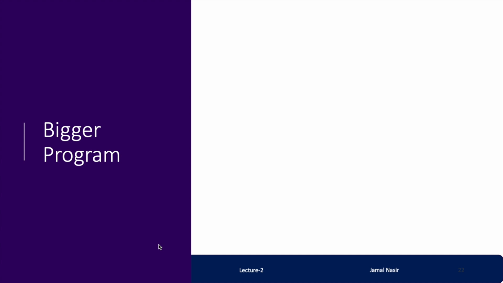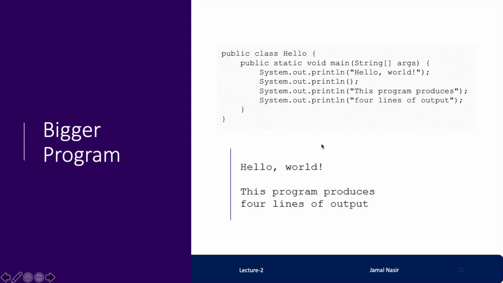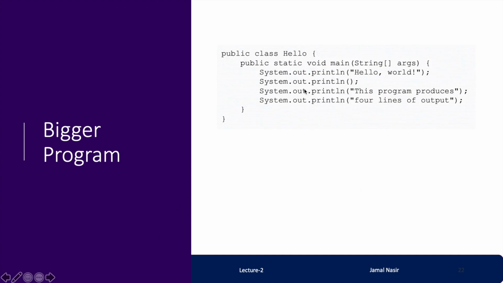We can see a bigger program. Here we are using different lines. Here we are adding 4 lines of code, right? Same code with class hello, public static void main string, and we are printing. Here we are not printing anything, but because of this println, one empty line would be printed.